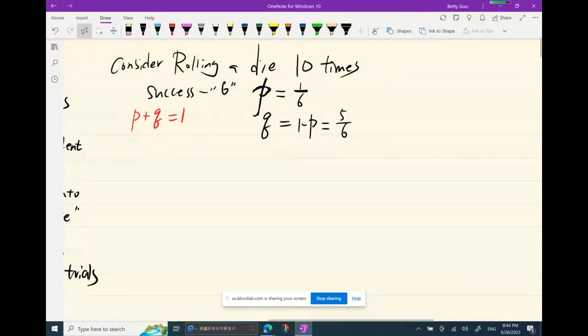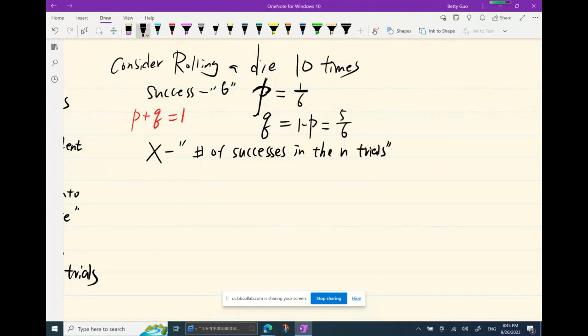Okay, so now I'm gonna set up the probability distribution table for X. And what is X? X is the number of successes. Always like that, okay? For a binomial distribution, when we say this random variable X is binomially distributed, X always represents the number of successes in the n trials.